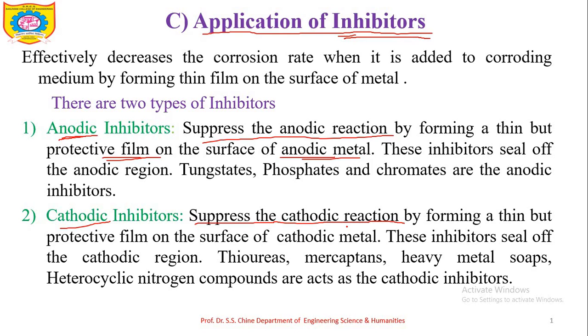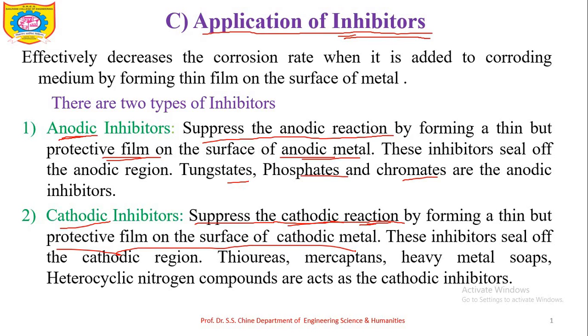So these inhibitors generally are tungstate, phosphates, chromates, and these inhibit anodic reactions. Now the second is cathodic inhibitor. So cathodic inhibitor suppresses the cathodic reaction. Which is the cathodic reaction? Reduction, which means either hydrogen evolution or oxygen absorption. So these cathodic inhibitors form a thin but protective film on the surface of cathodic metal.